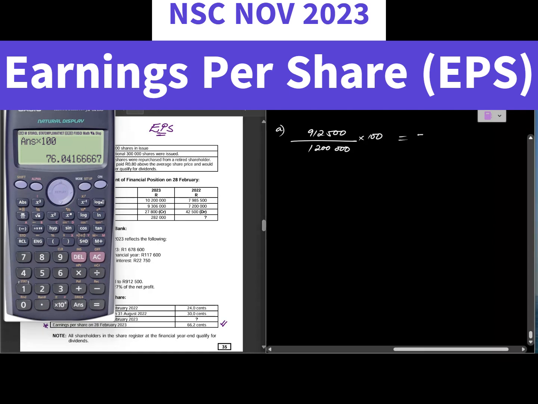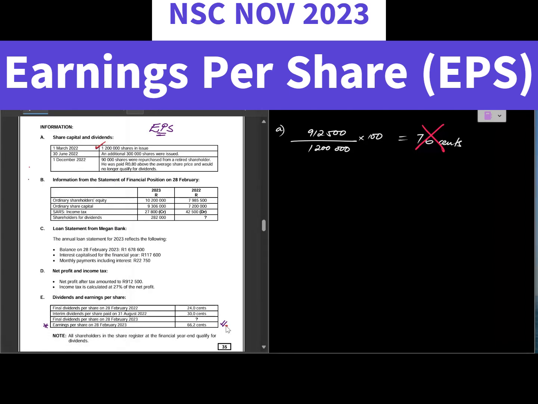So here the answer will be 76 cents. 76 cents is not the correct answer because here we are given 66.2 cents. So it therefore means dividing it by the number of shares at the beginning is not the right way.